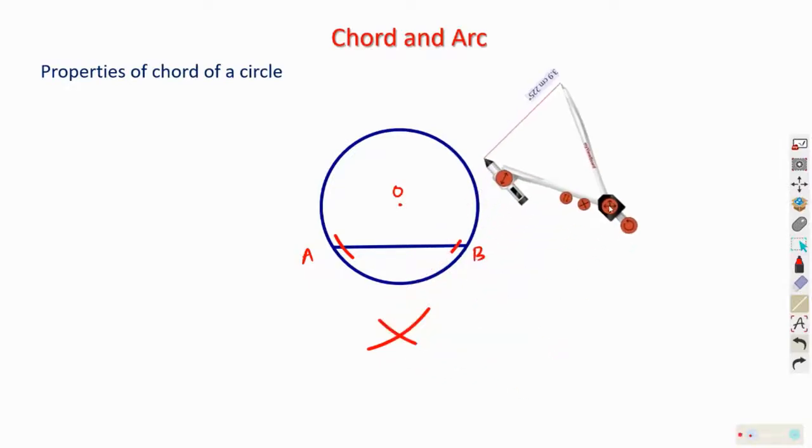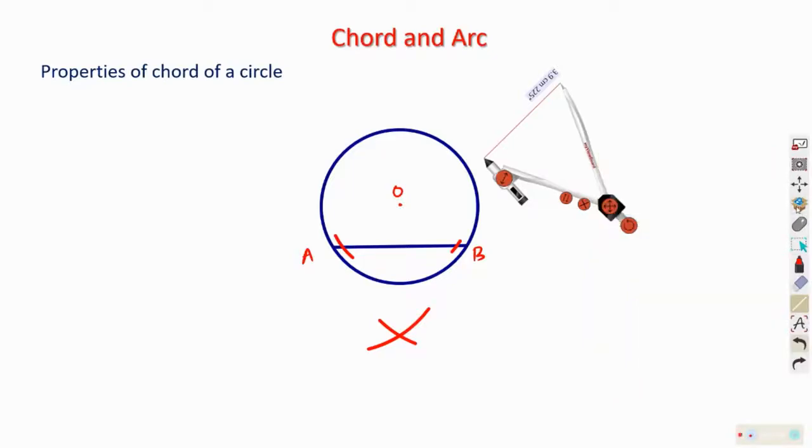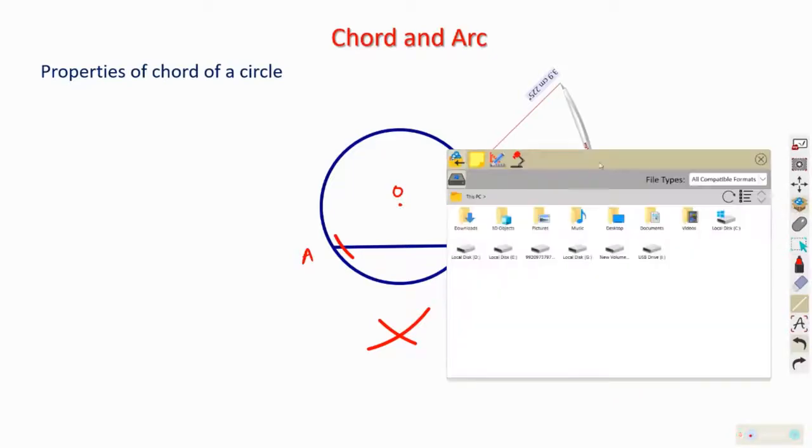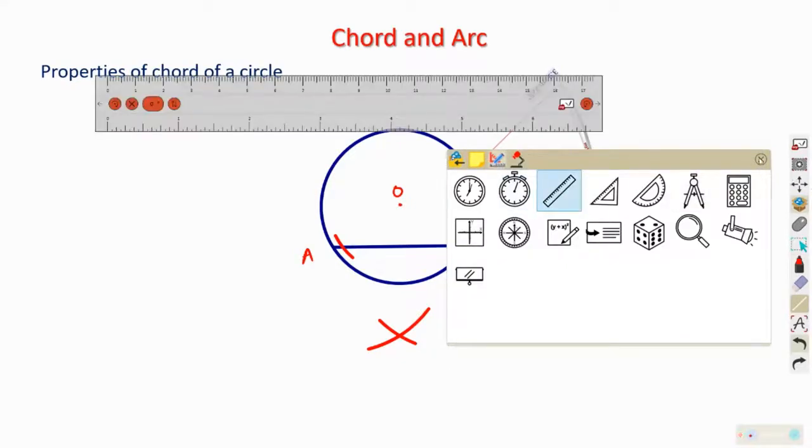Okay, and you also have studied about perpendicular bisectors, almost having same technique, slightly different. The point over here is that I have taken points for drawing a perpendicular from the center of the circle to the chord. I need a ruler for drawing it. Here is a ruler.